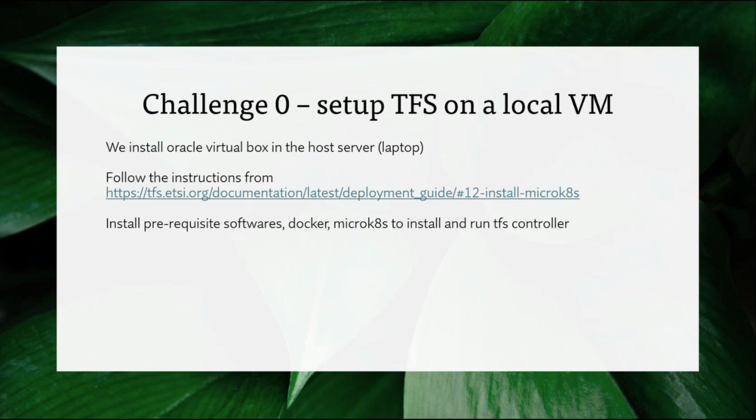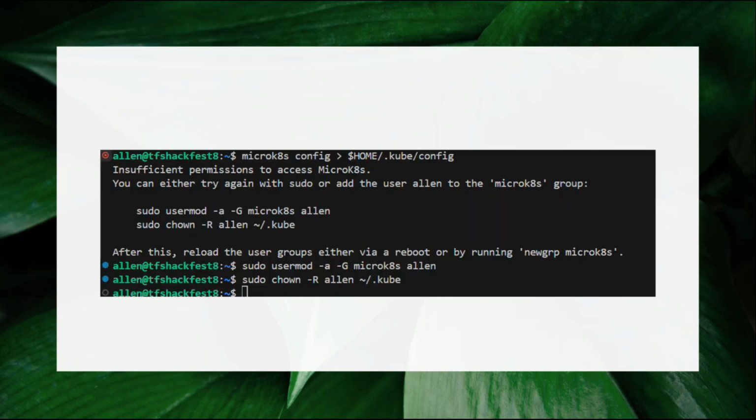So when you follow that, the first thing is you install the packages, like curl, jq, snapd, and then Docker, and then micro Kubernetes, and then finally TFS. When you're trying to install, you'll find certain errors like this.